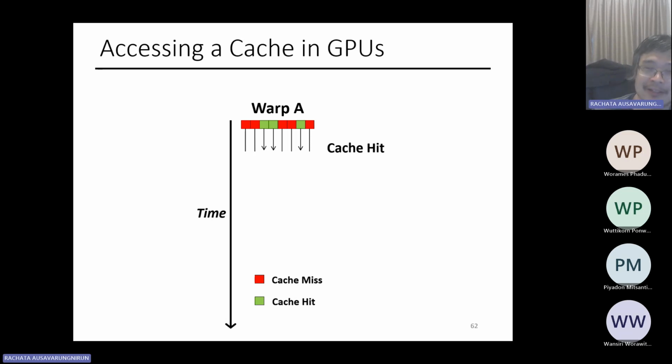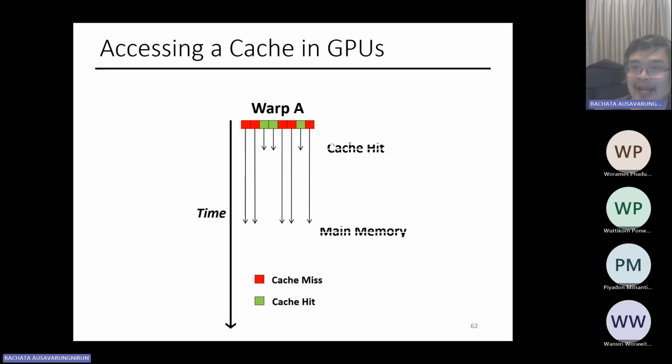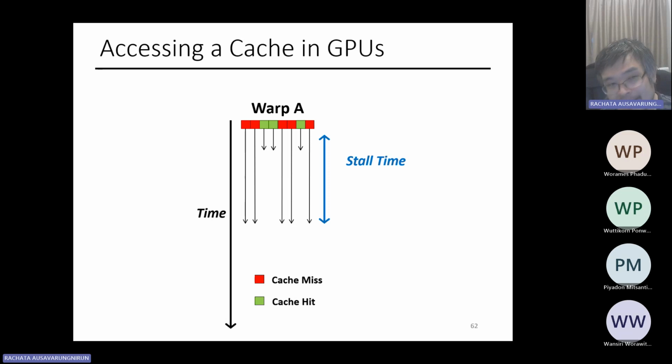Warp A cannot go. It still needs to get those 5 blocks of data from the memory, right? So the stall time of A in this case is as long as the slowest guy in the warp. Again, because it's the memory divergence problem.